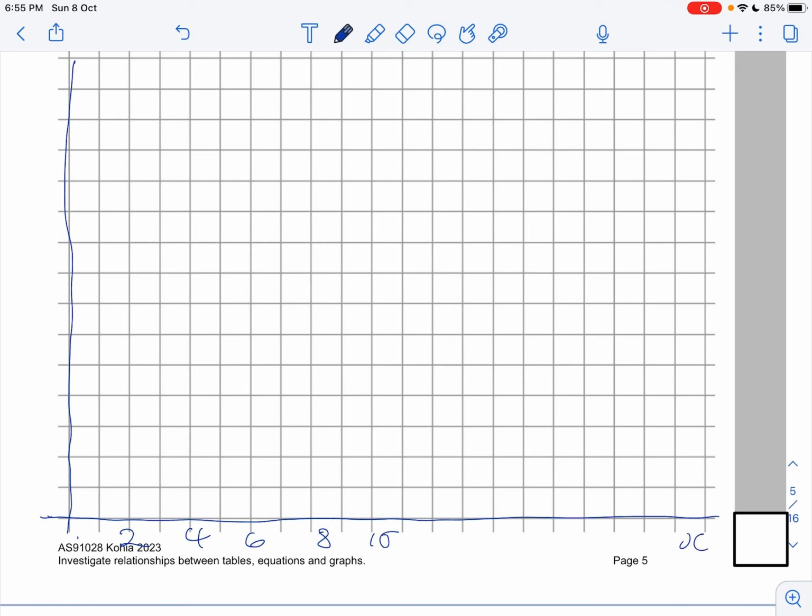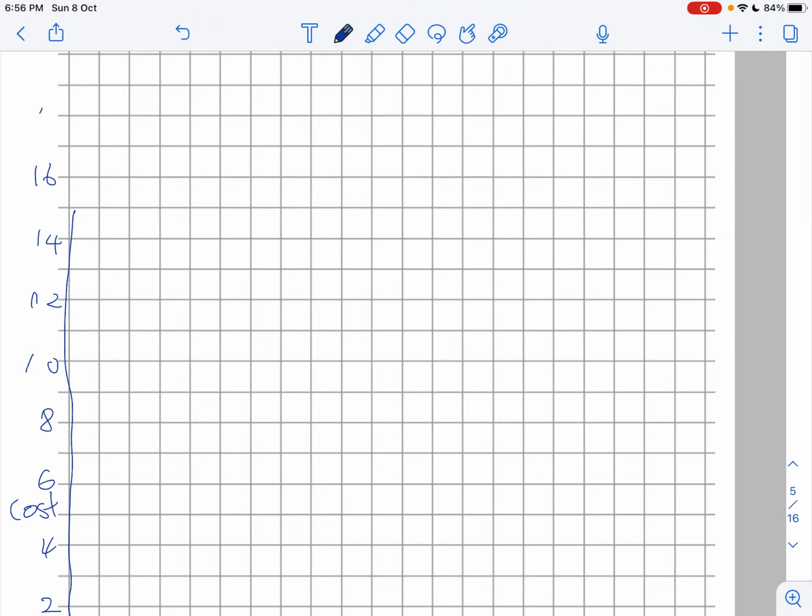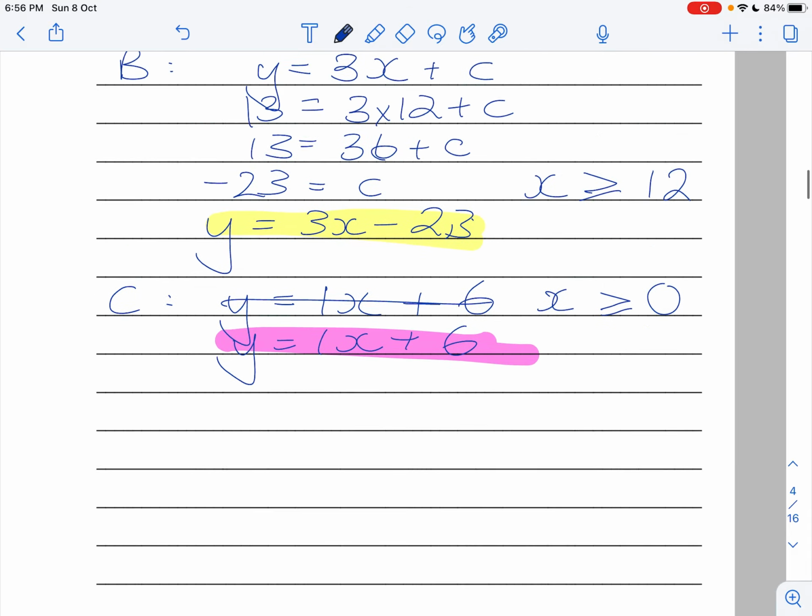This is our x value, which of course is the number of kilograms. 12, 14. And then on this axis is the cost. Okay, 4, 6, 8, 10, 12, 14, 16, 18, etc. Right, so now we'll go back up to the first equation.